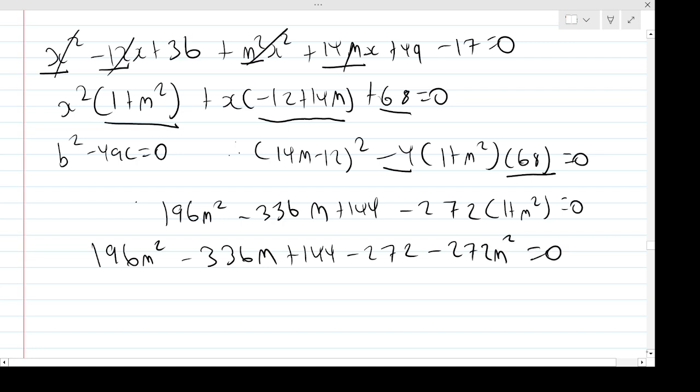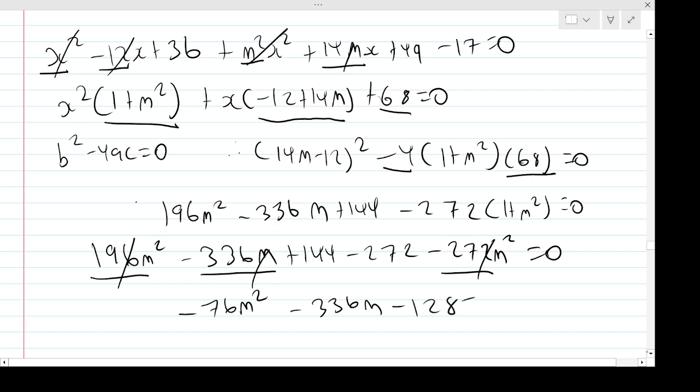Then again, this is a quadratic for m now, which is great because I'll be expecting 2 values because we have 2 tangents, so that's great. So if I collect the m squared terms, well, 196m squared, take away 272m squared, I get minus 76m squared. Then I've got minus 336m, and then add 144, take away 272, I get take away 128, equal to 0.